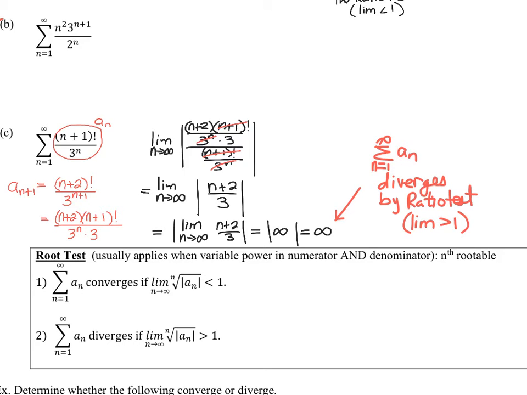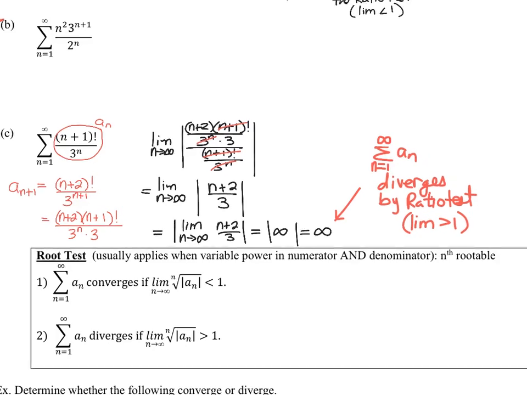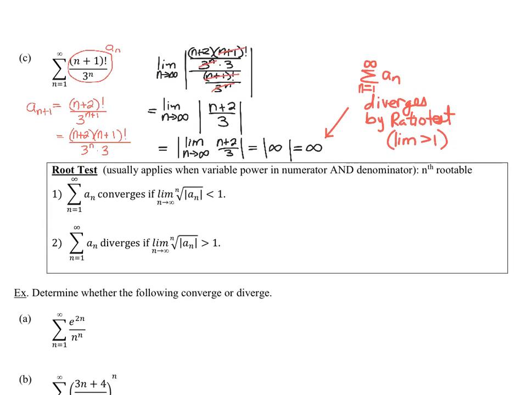Less than 1 converges, greater than 1 diverges. So that's the ratio test.